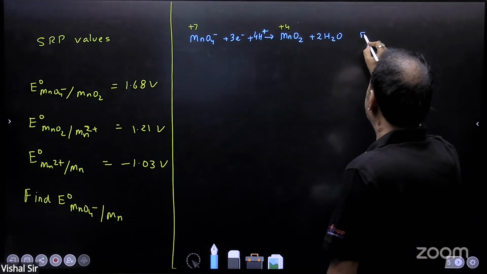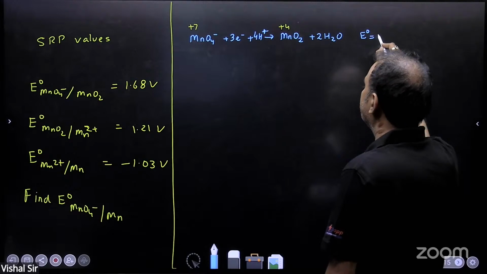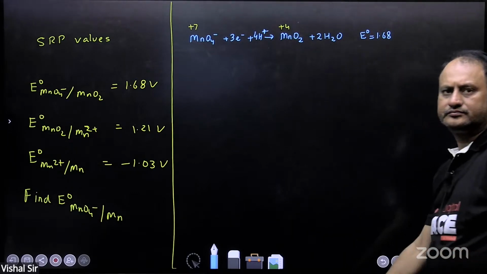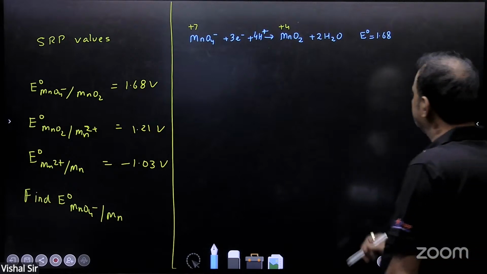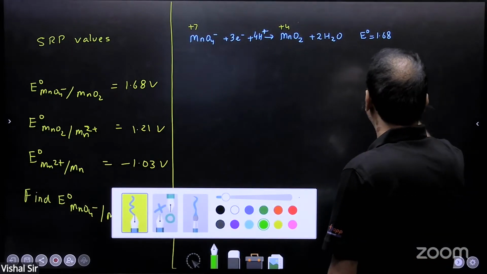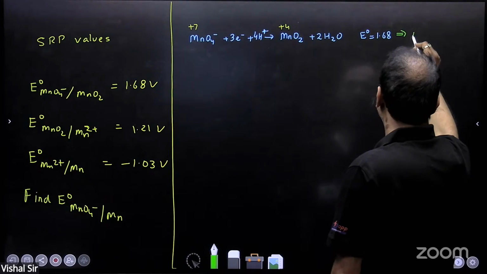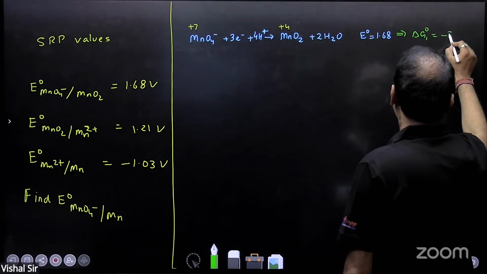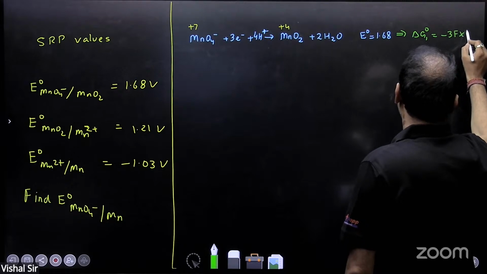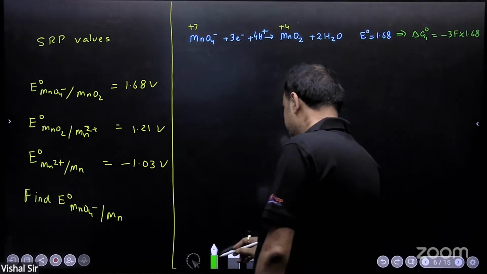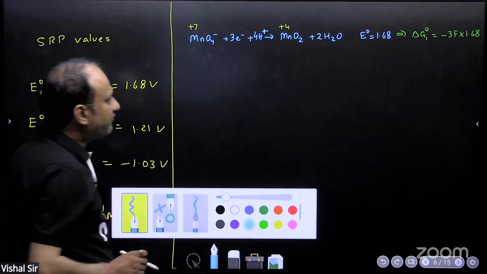And this E naught value is given to me, 1.68. So its delta G naught value, let me say G1 naught, will become minus 3F into 1.68. That is the first reaction.